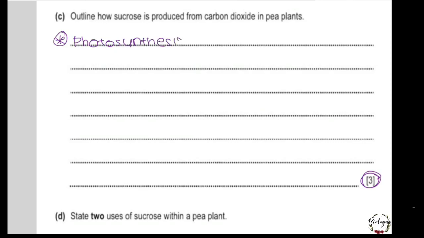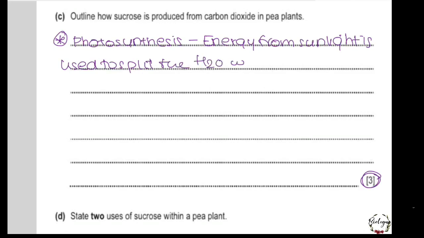Alright, so during photosynthesis, the energy from sunlight is used to split the water molecule into hydrogen and oxygen.